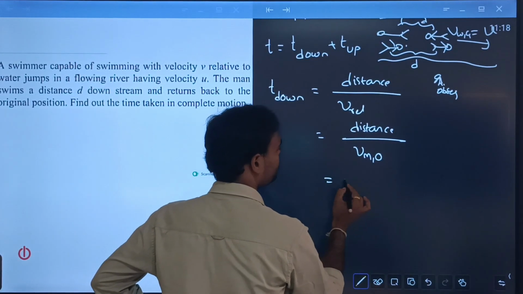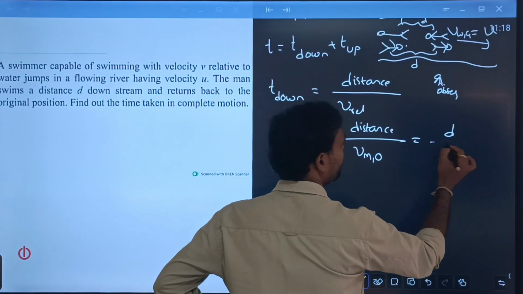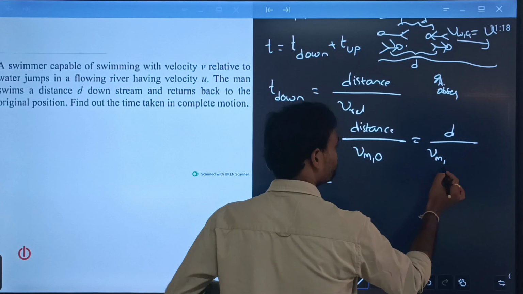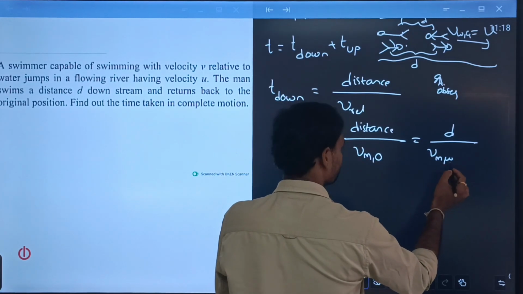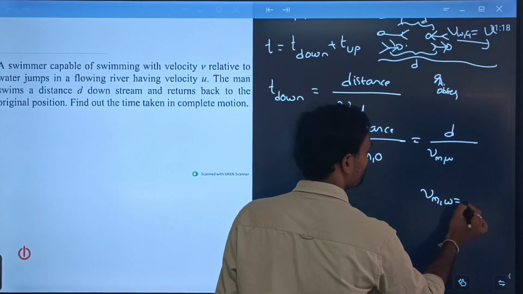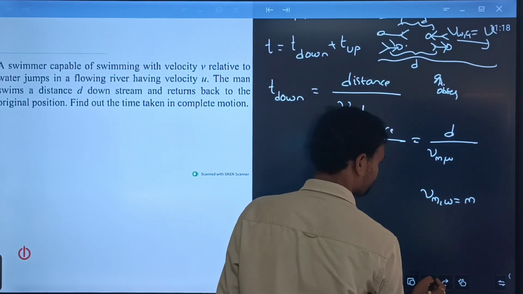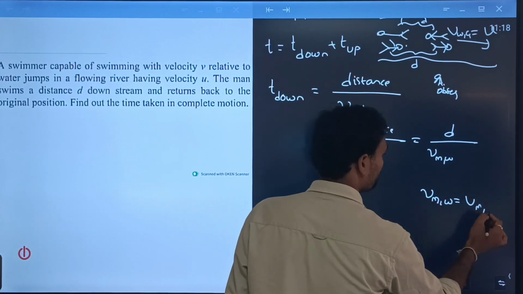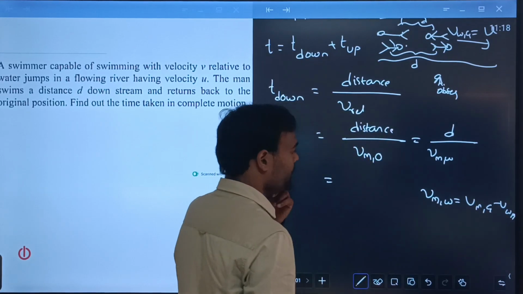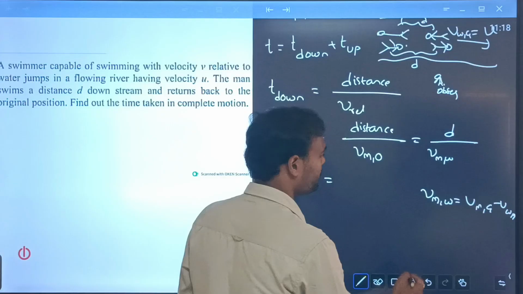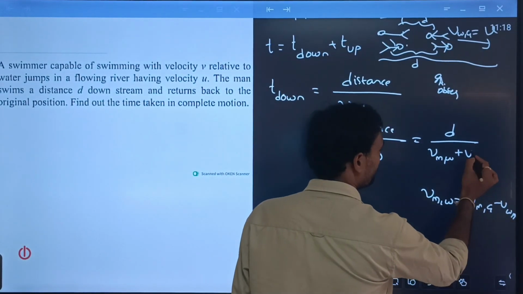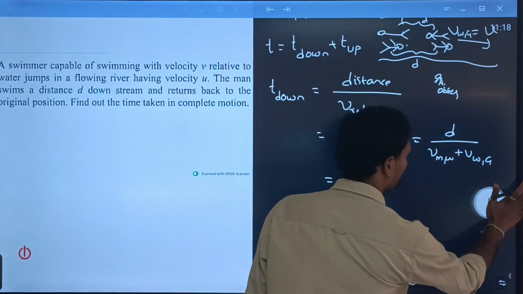Now, can I say this becomes d by velocity of man with respect to water. Velocity of man with respect to ground is equal to velocity of man with respect to water plus velocity of water with respect to ground.